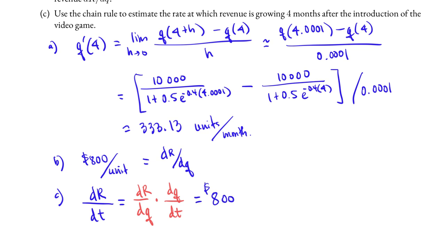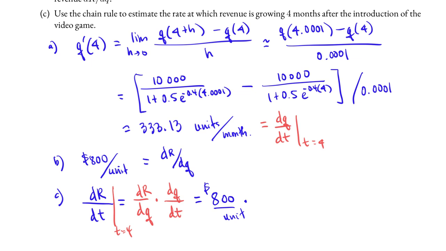This is dollars per unit. And dQ/dt, we computed it. This is Q'(t) when t equals 4, which is the same month here.